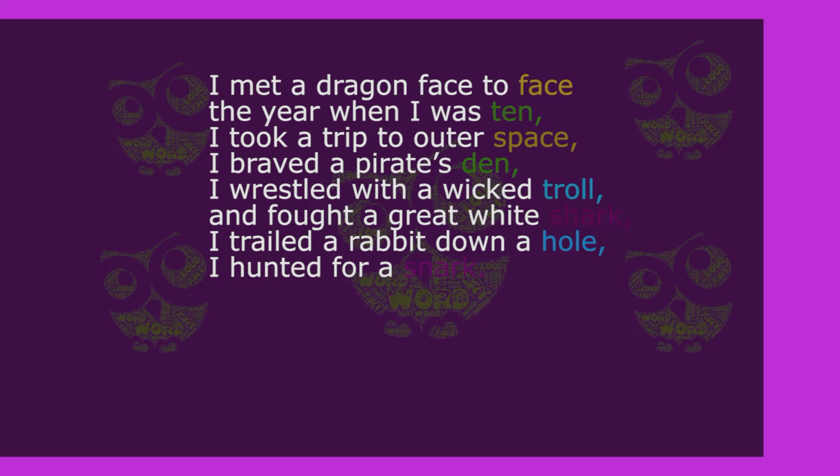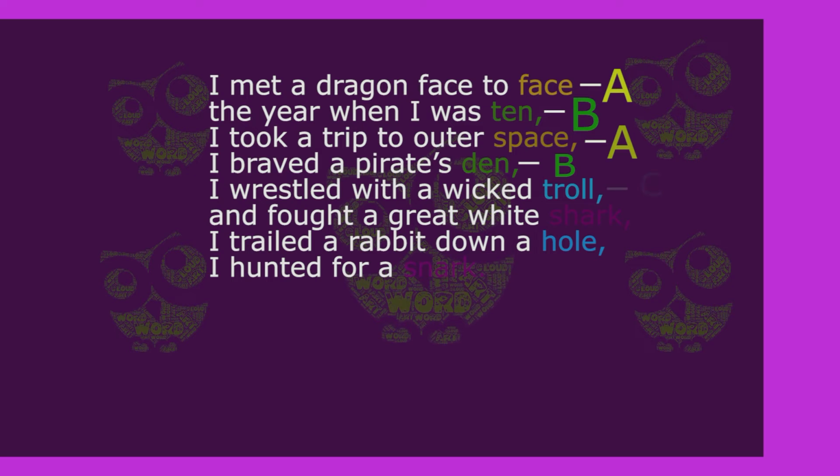So when we look at the pattern, we can label them with a letter. The first rhyme will be A, so face will be A, then 10 doesn't rhyme with face, but space does. So that is also A. Then 10 will be B because it is a new rhyme. 10 rhymes with den, which is also B. Then troll does not rhyme with any of these, so it is once again a new rhyme.